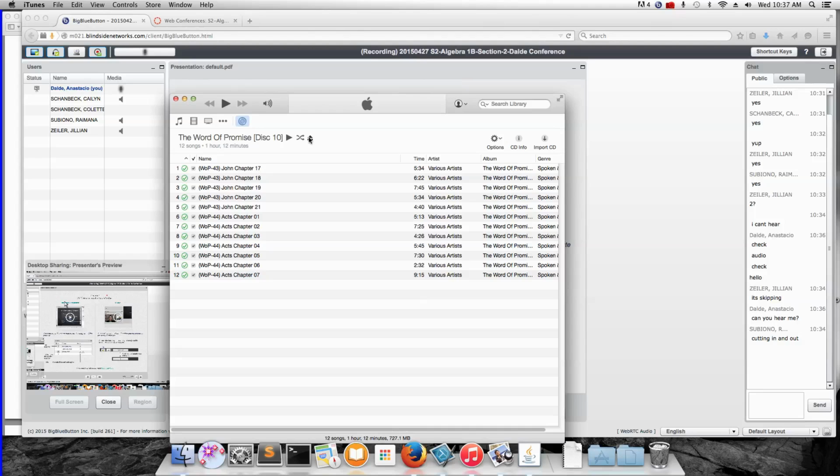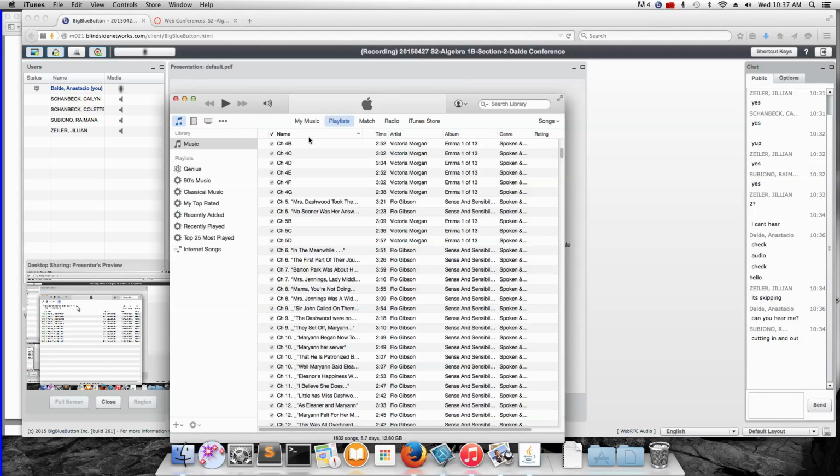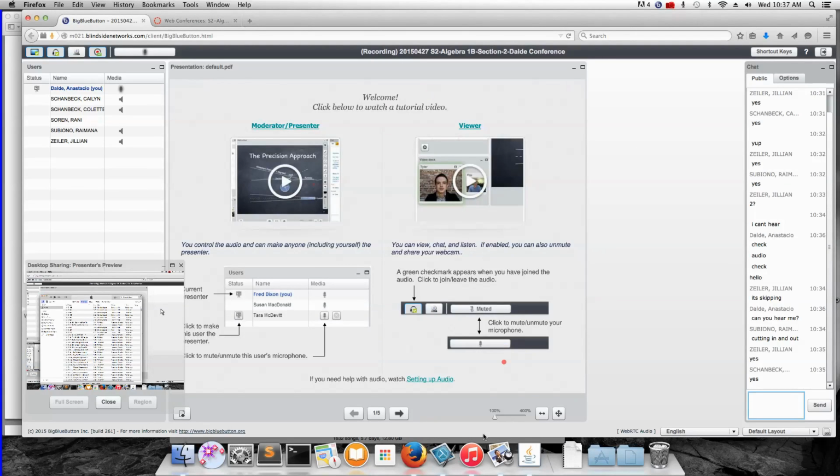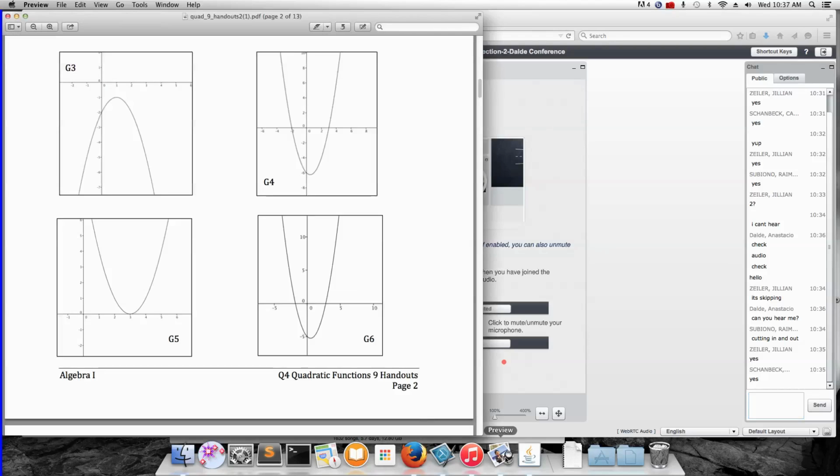I'll tell you what, let me just eject this thing. I'll start closing windows. Hopefully that works better. Audio check. Can you guys hear me? Can you hear the audio? Is it better or is it still choppy? Better or worse?